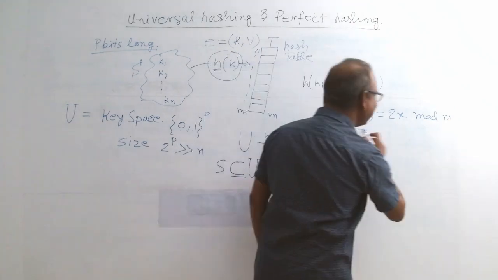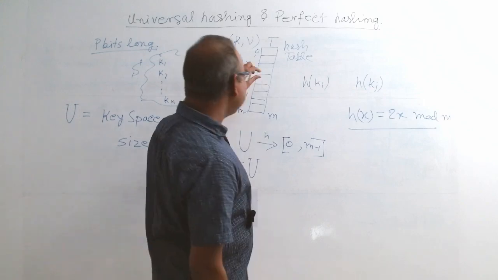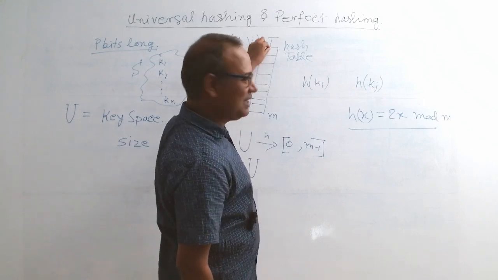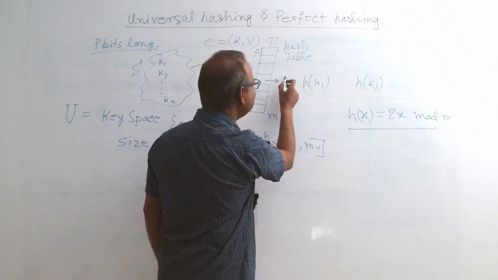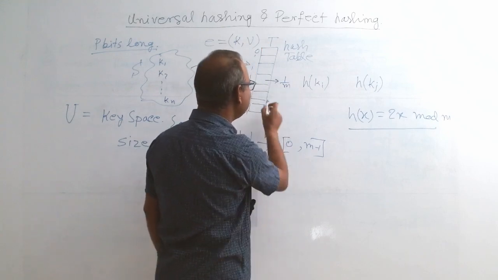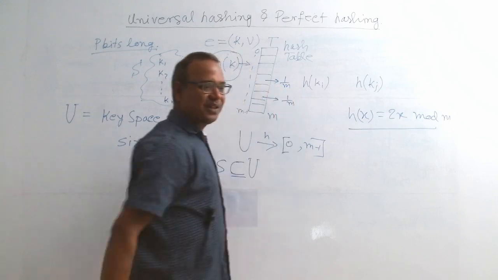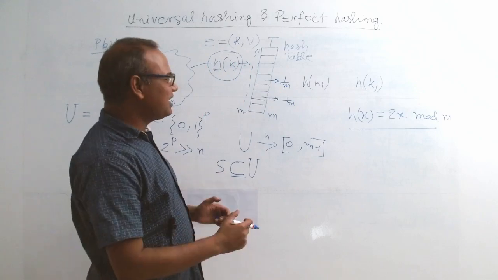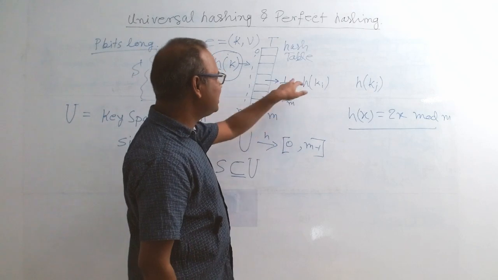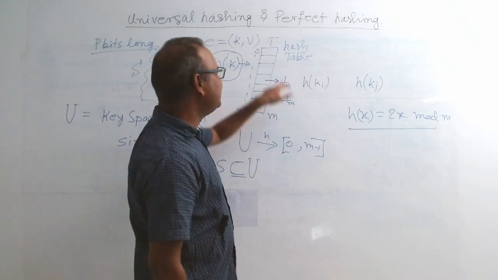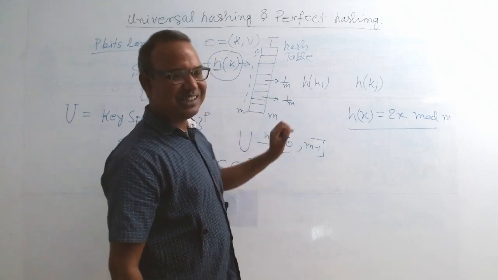So this is not an independent function. Every position should have equal probability. If I am inserting some element here, it should have probability 1 by m. If we are able to create a function which maintains uniform probability throughout the table for every insertion, then it is a universal hash.